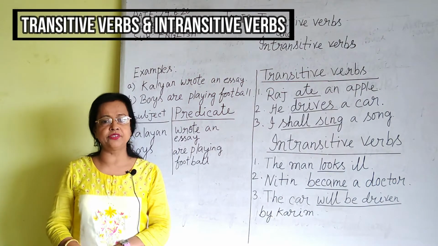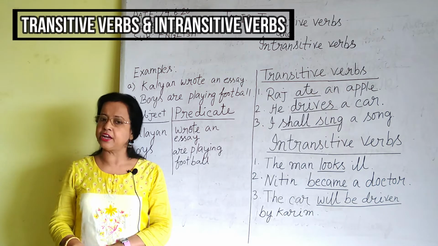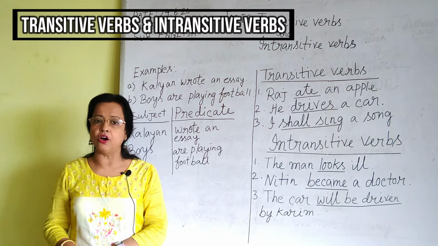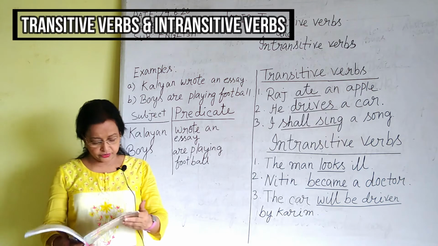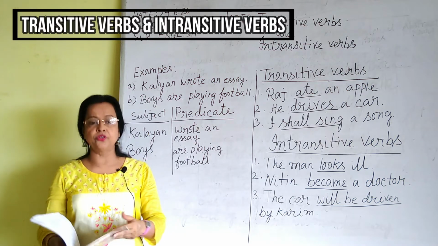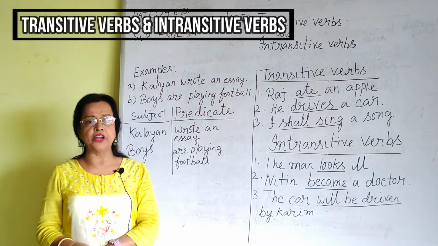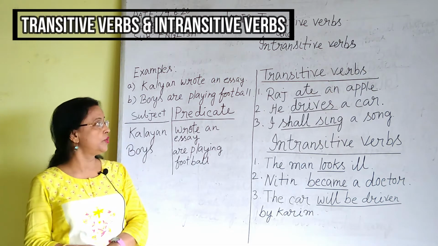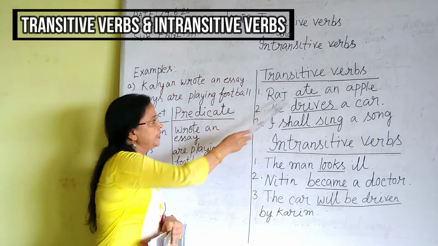Now, transitive verbs and intransitive verbs. You have already learned that a verb which has an object is called a transitive verb. Please look at the board. Number 1, Raj ate an apple.